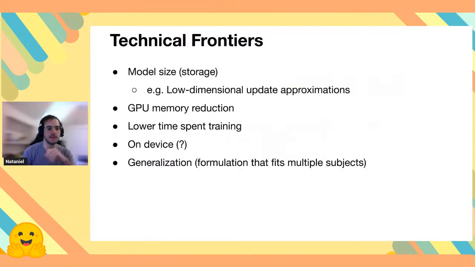And then finally, to finish my talk, I think I went a little bit under the time, so I'll have more time for questions, and I can also revisit some slides if anyone wants. But there are some technical frontiers that I think are interesting. If you're not just interested in fine-tuning on a specific topic and then uploading your model, there are some things to explore.